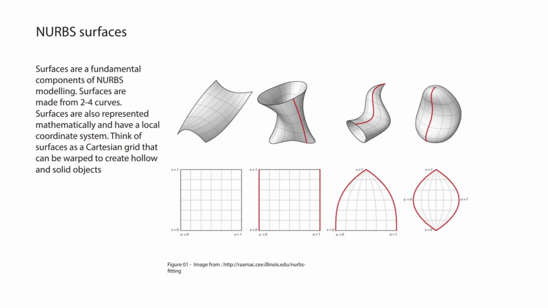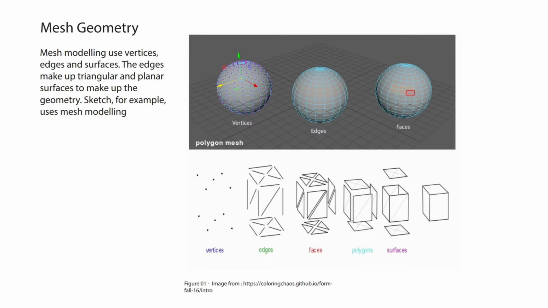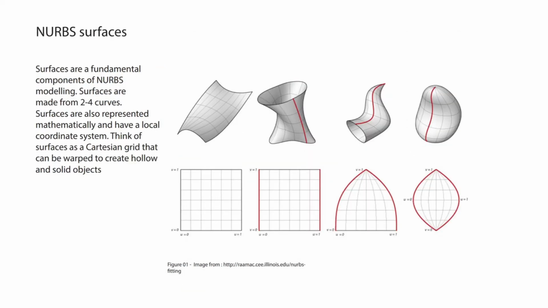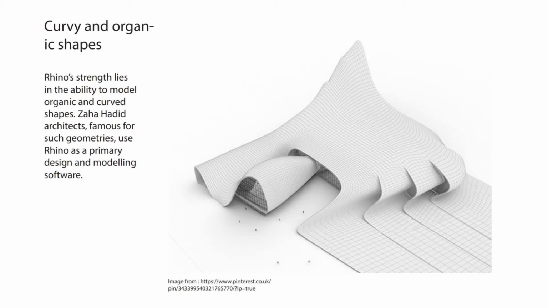This is different when you compare it to mesh surfacing, as you can see here, which is made out of multiple surfaces. So this is one single surface that has 4 edges and can be manipulated in different ways, and is completely smooth and mathematically represented.